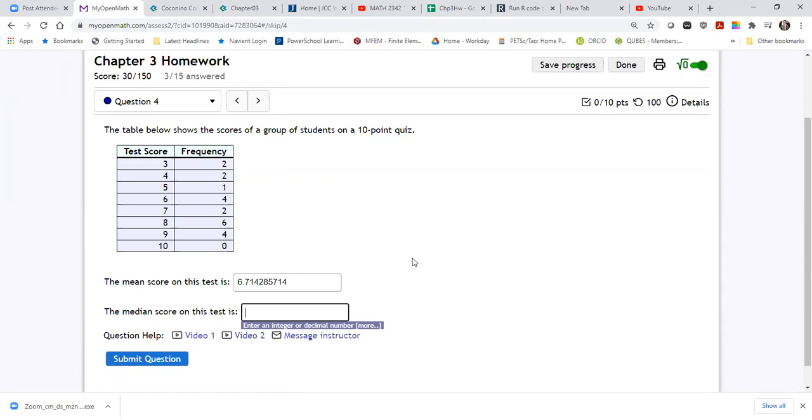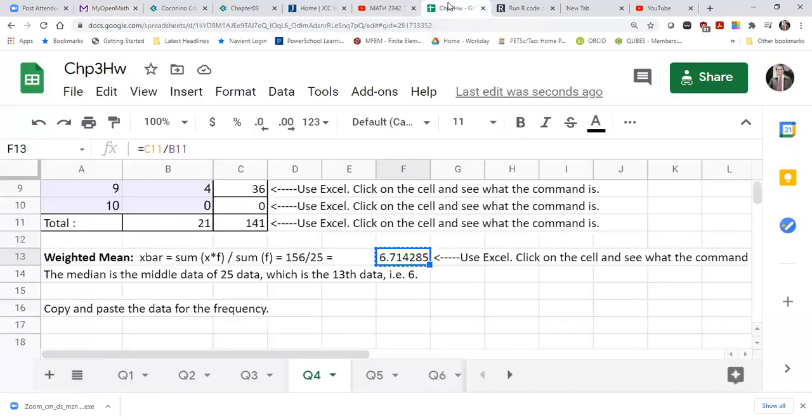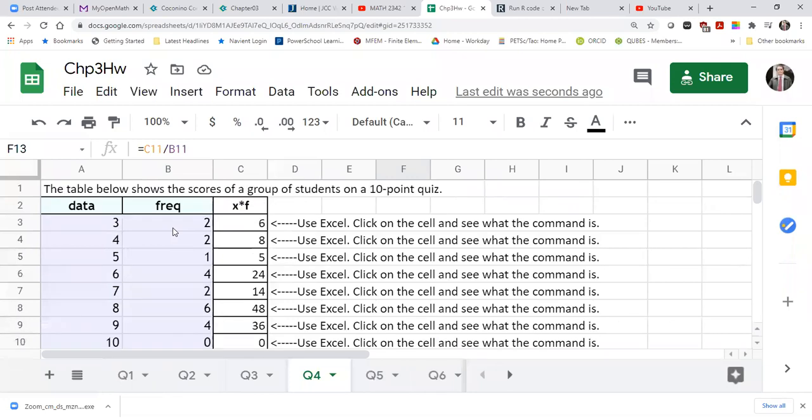Okay. Now how to find the median here? So you can see, how many data are there here? 21, right? If you have 21 data, the one in the middle will be what? 11, right? So you can see here you have 4 here, 4 here, right?